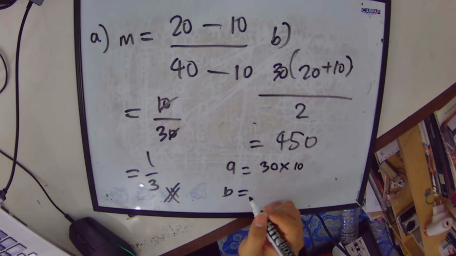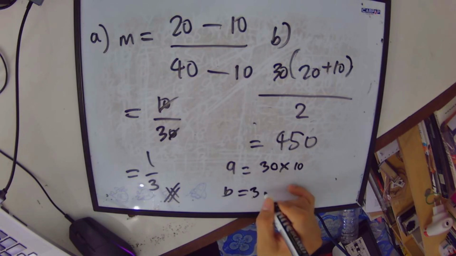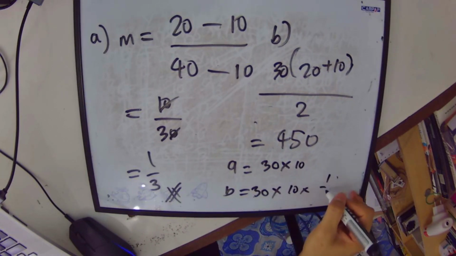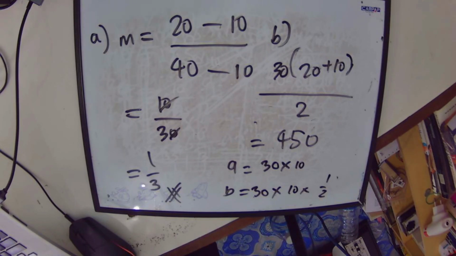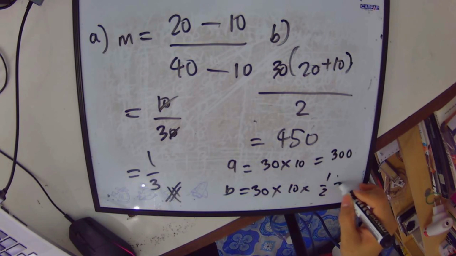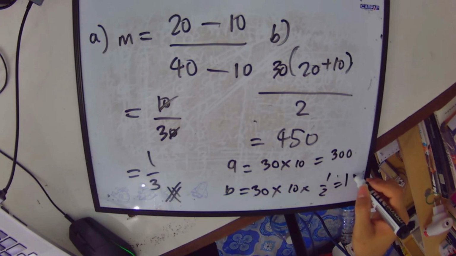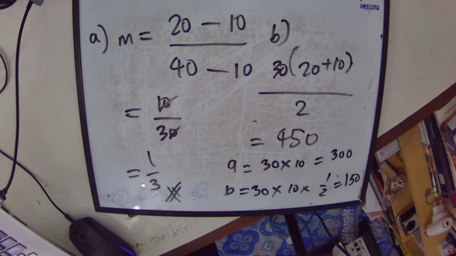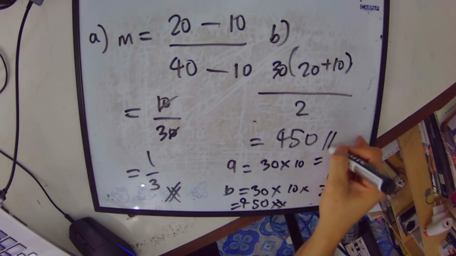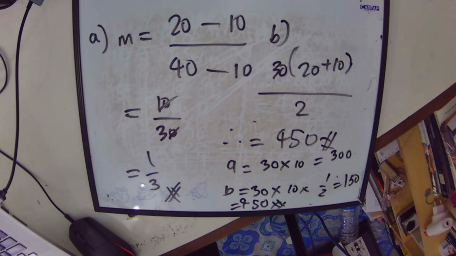Area B is 30 kali 10 kali 1/2. So, 300 tambah 150, so 450. Dia punya area under the graph ialah 450.